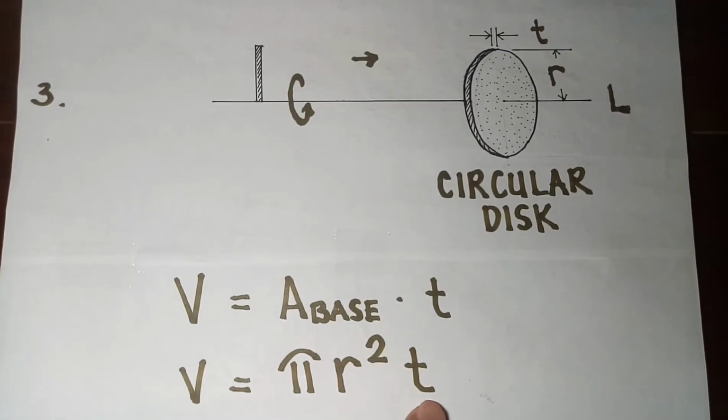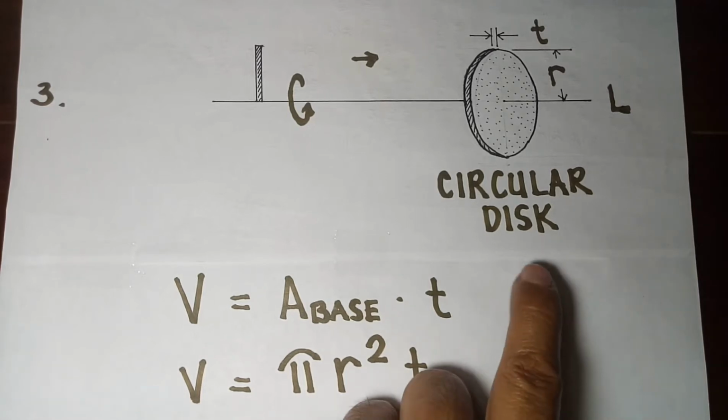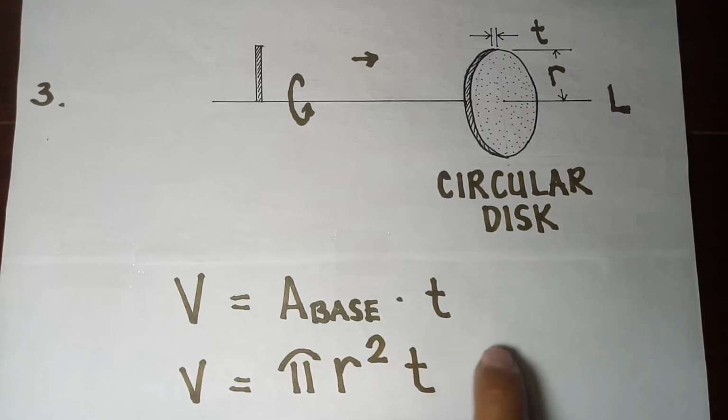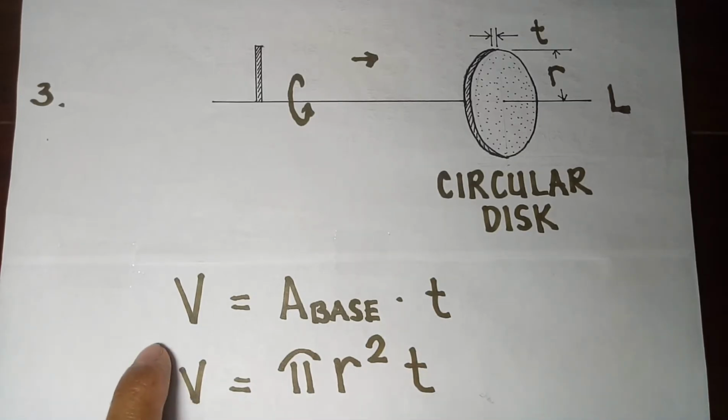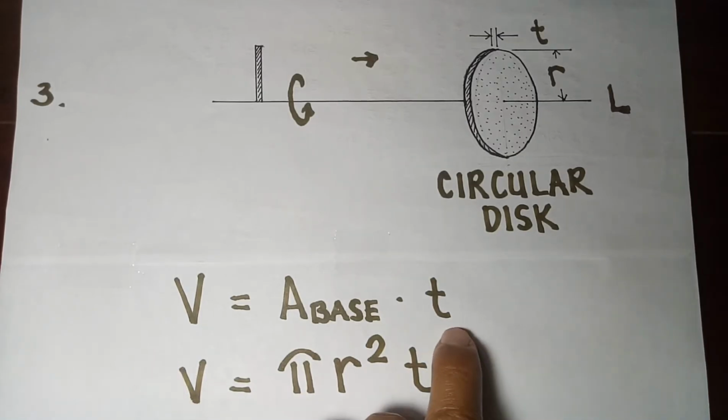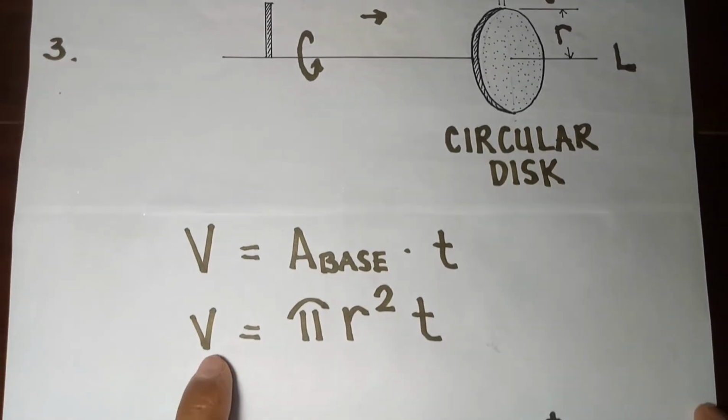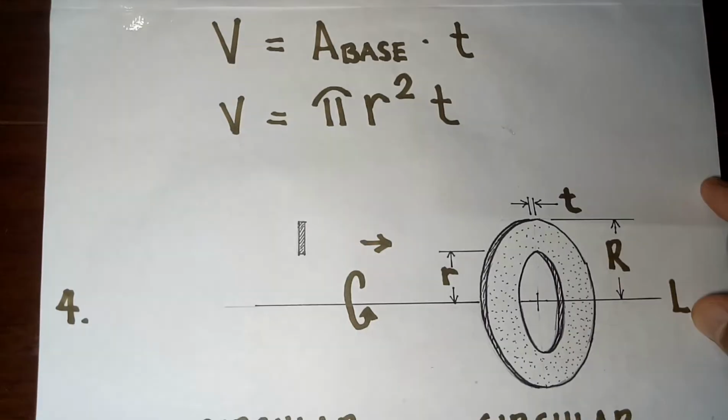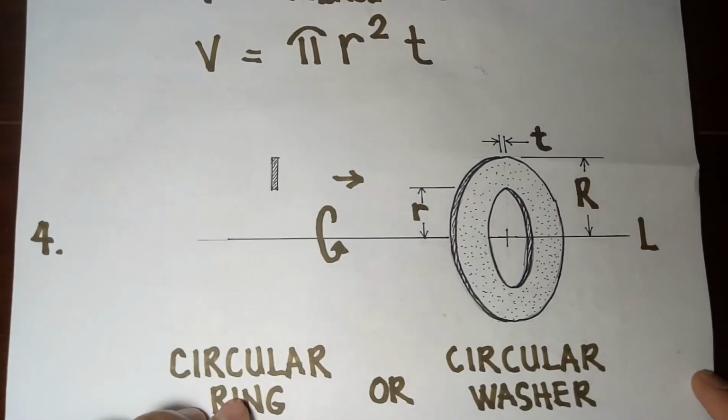So kailangan nating tandaan yung formula ng circular disc, dahil sa pag-solve ng volume of solid of revolution, gagamit tayo ng tinatawag na circular disc method. At gagamitin natin yung formulang ito, volume ng circular disc. Okay, next, number 4.